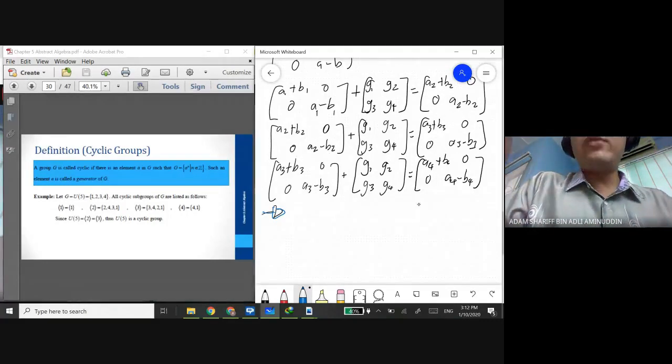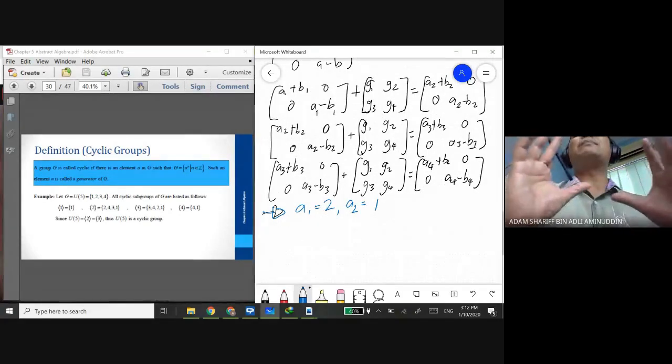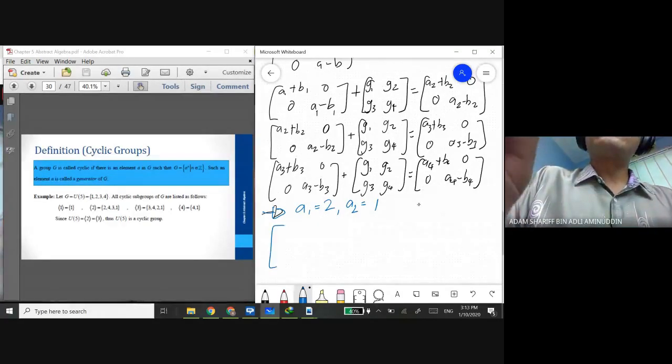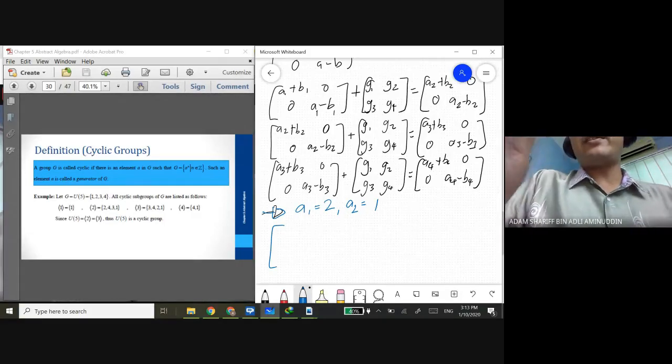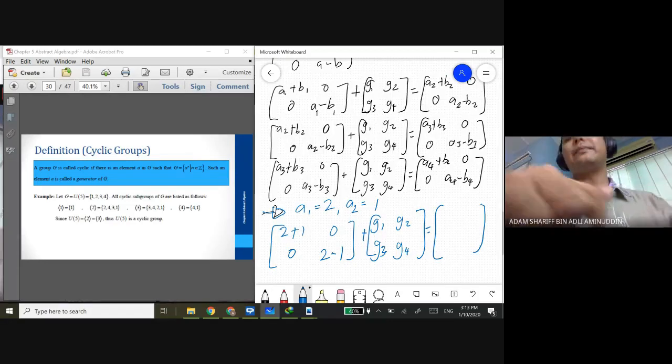It means I put the value this time. Let's say this A1 equals 2, A2 is 1. Okay, pay attention please. What will be my matrix? It becomes 2 plus 1, 0, 0, 2 minus 1. What is the generator such that it will produce a new element here?